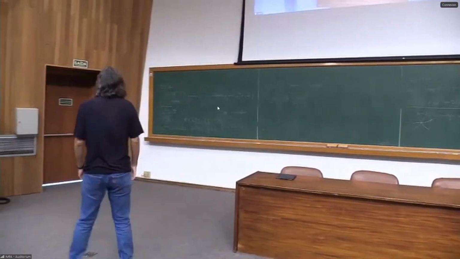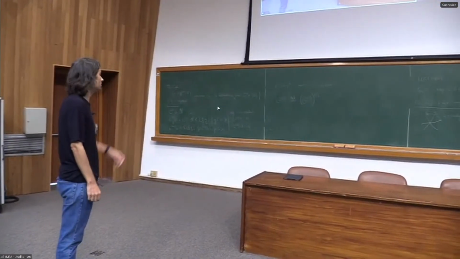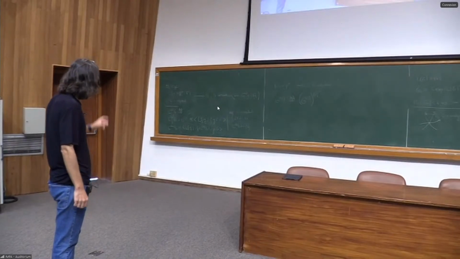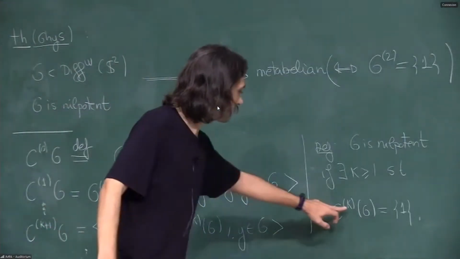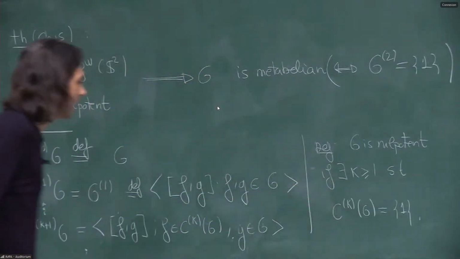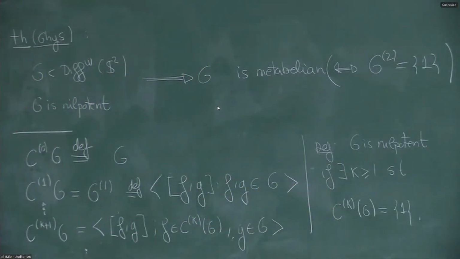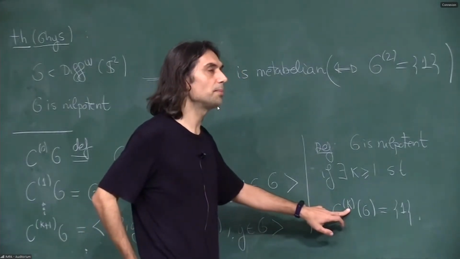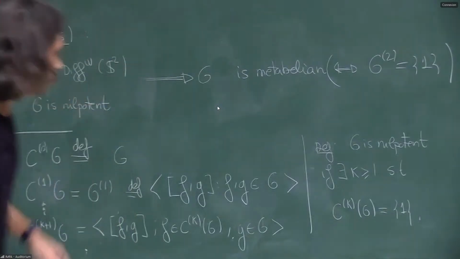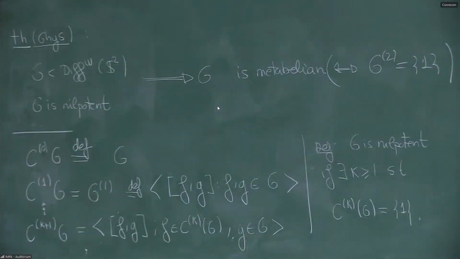Yes, you can define an invariant for nilpotent groups that is the moment at which you stop, and that's the class of nilpotency. There are people that say that if you stop at level k, the group is step k nilpotent. The point is, there are groups that are of class k for every k. So this series can be long, okay?